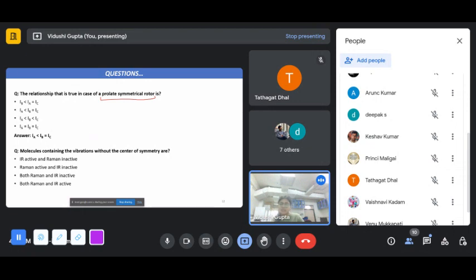Now the next question: molecules containing vibrations without the center of symmetry are IR active and Raman inactive, IR active and IR inactive, both Raman and IR inactive, or both IR and Raman active. So what will be the answer? Without the center of symmetry, will they be either active or inactive?